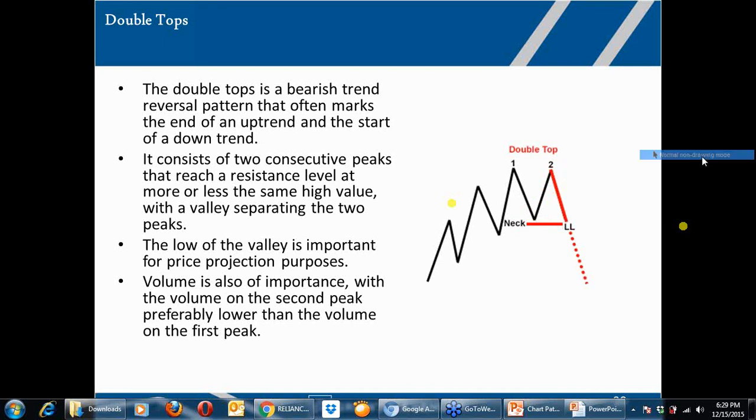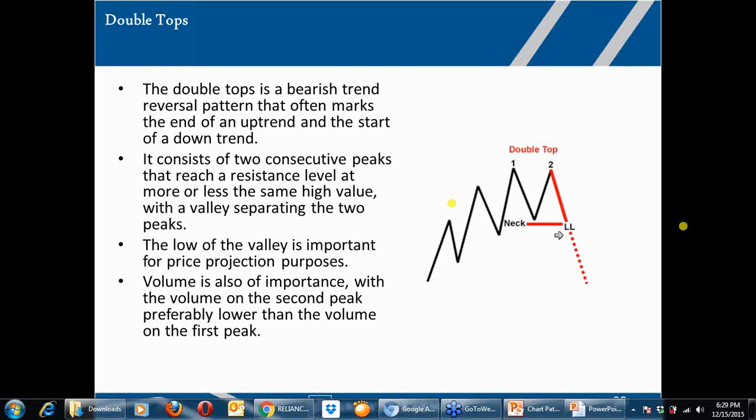In a double top, one needs to note the formation of a neckline, because the neckline is what is holding the prices, and once the neckline fails, it will trigger the reversal pattern. The pattern is not triggered out here. The pattern is triggered on the break of this neckline.